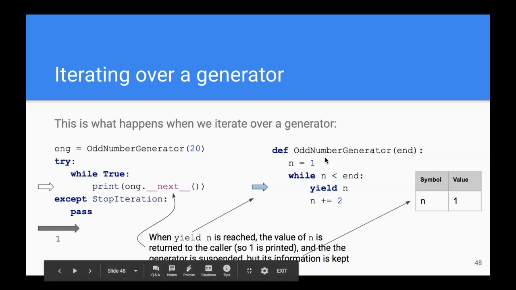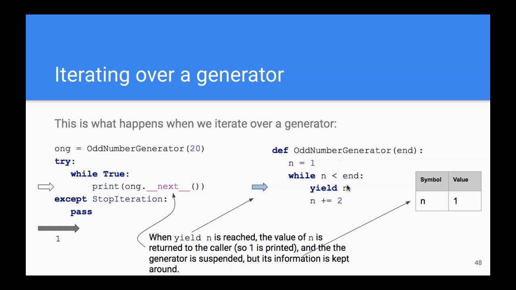The important thing, though, is the generator and where it is in terms of its execution is still around. So it still remembers that we are at this line of the generator, and the fact that the variable inside the generator, n equal to 1, is kept around.